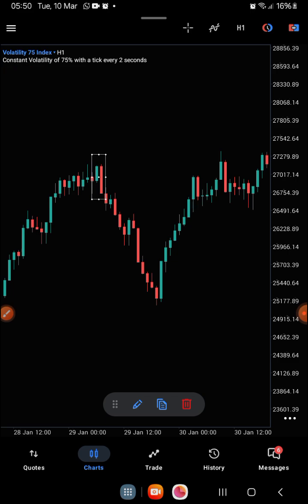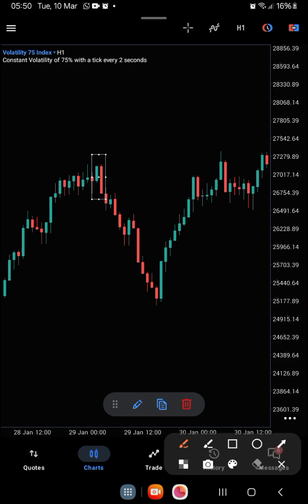So those 2 candles, the green and the red there, this is what we call a bearish engulfing candle, where this red candle here has engulfed the previous green, indicating that the market is going to go down, which is what happened.